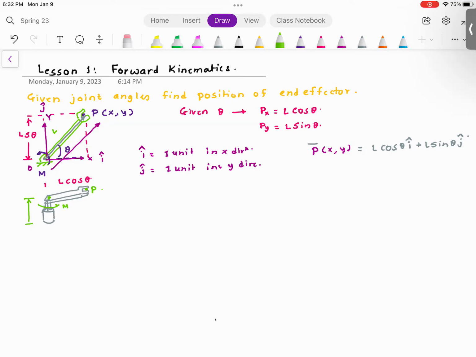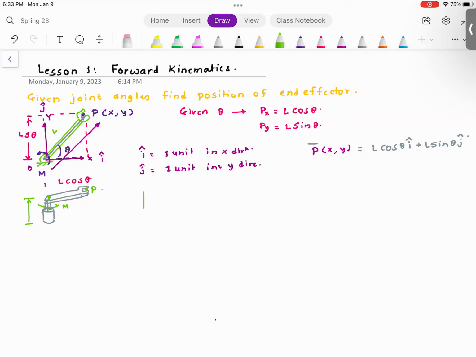Everyone understood this? Alternatively, I can go first in j direction and then in x direction, and I will still reach the same destination. Everyone understood this? Are you sure? Yes. Now comes the tricky part.